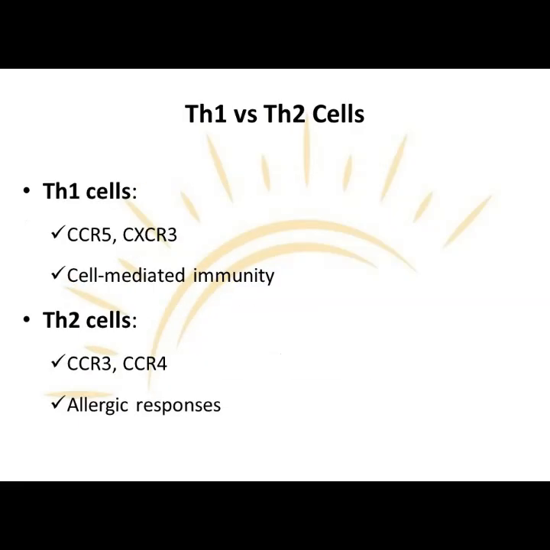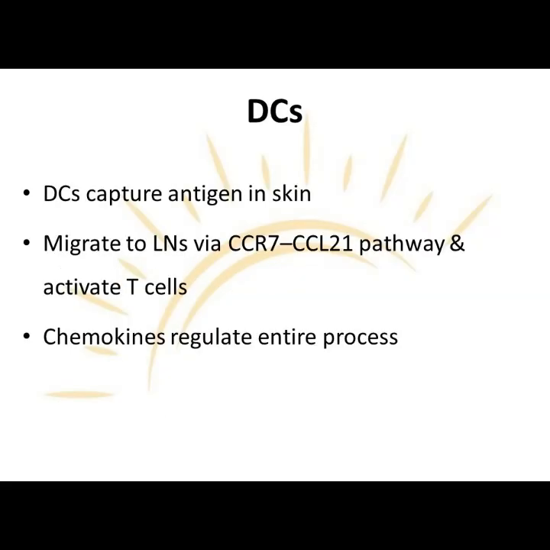Th1 and Th2 cells. Th1 cells express CCR5 and CXCR3 and are involved in cell-mediated immunity. Th2 cells express CCR3 or CCR4 and are involved in allergic responses. Dendritic cells. DCs capture antigen in skin and migrate via the CCR7-CCL21 pathway and activate T cells in lymph nodes.